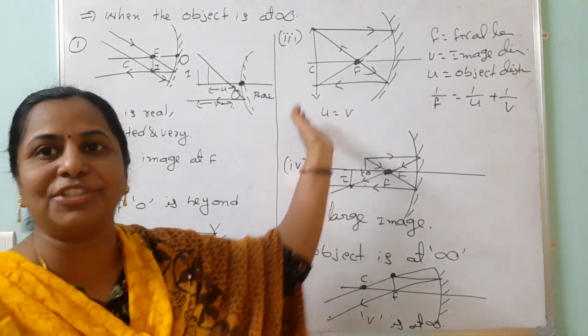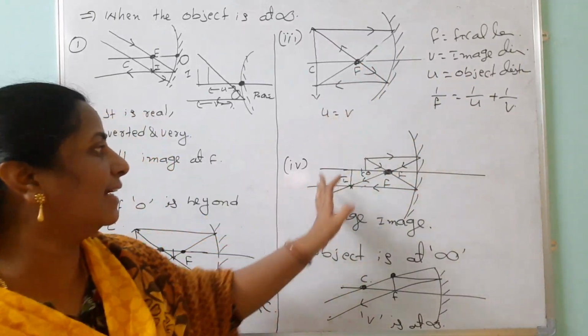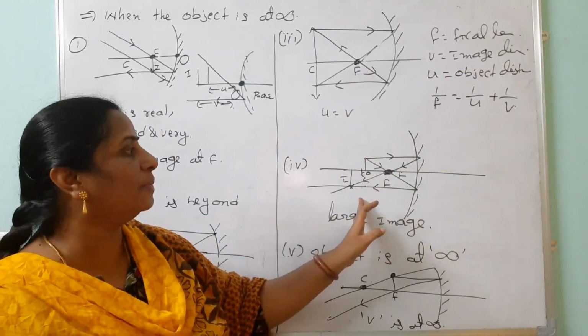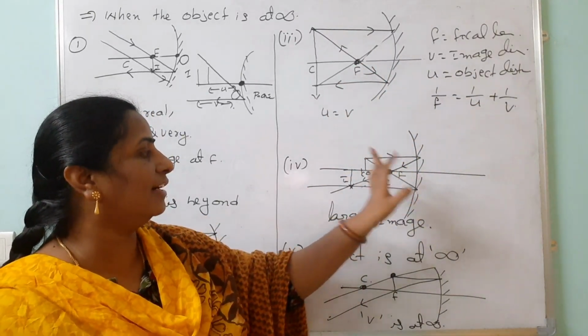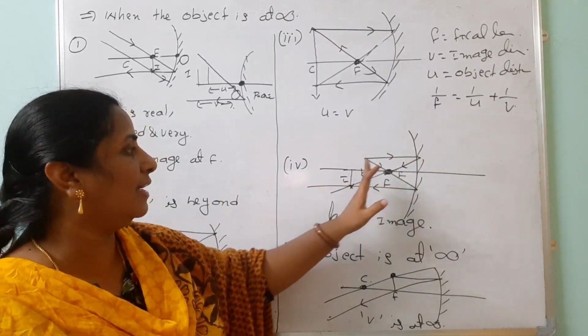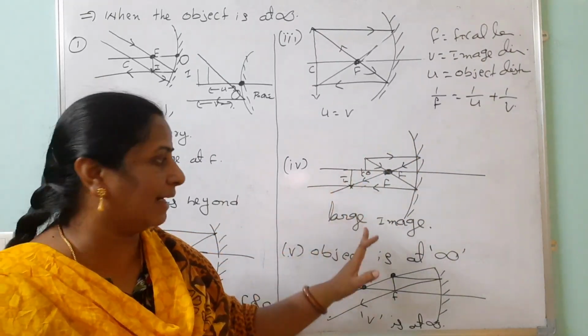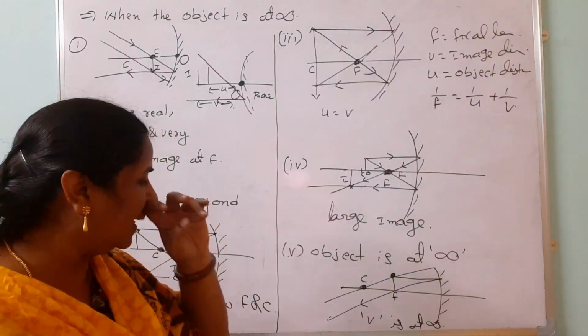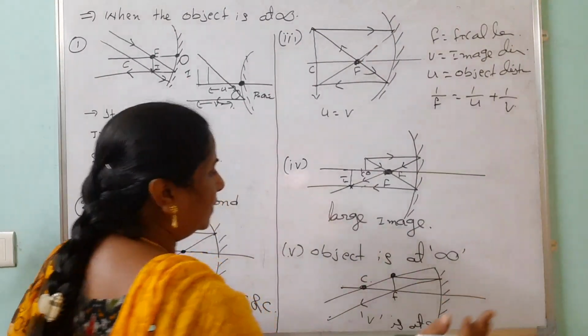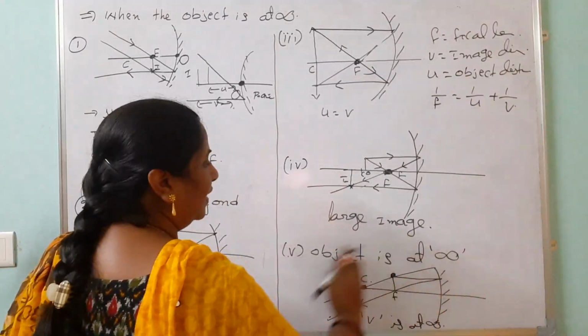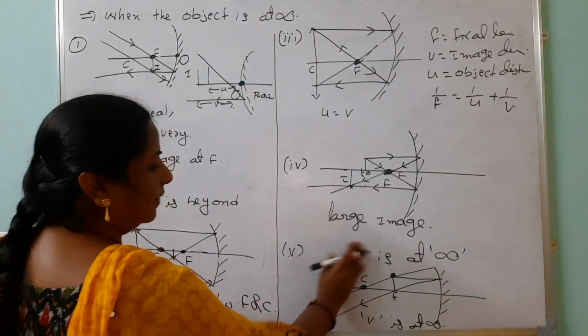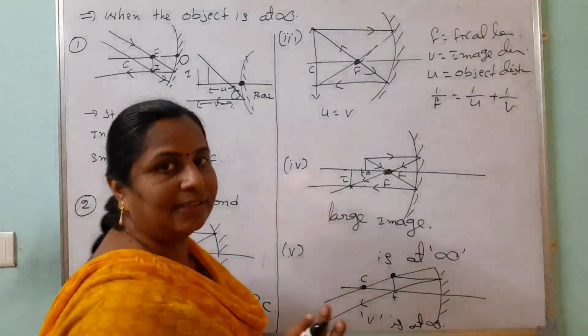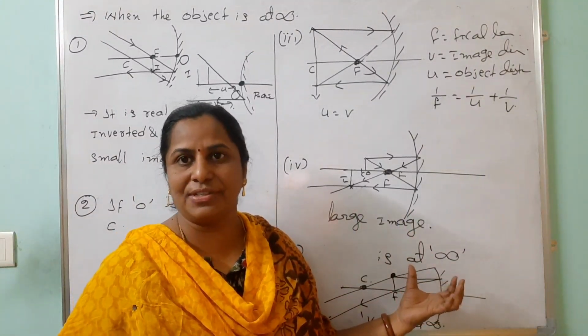Real means same side, virtual is the other side we are getting. The next thing, we are placing the object in between the center of curvature and the focal length. We can observe the image after the center of curvature, but large. If the object at infinity is over, now we are placing the object at the focal point. We can observe that the image is at infinity distance. So these are the different positions.